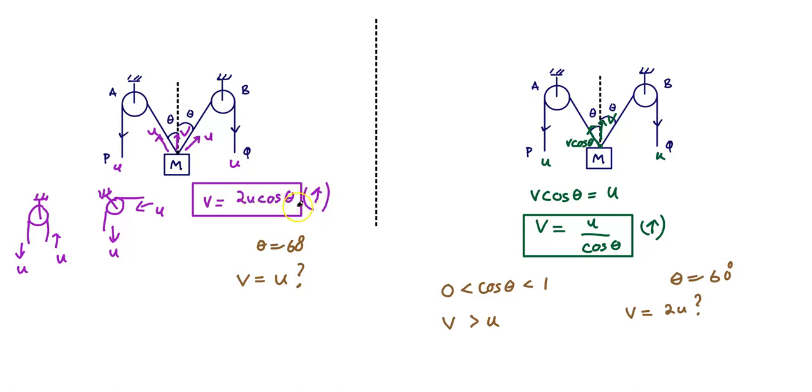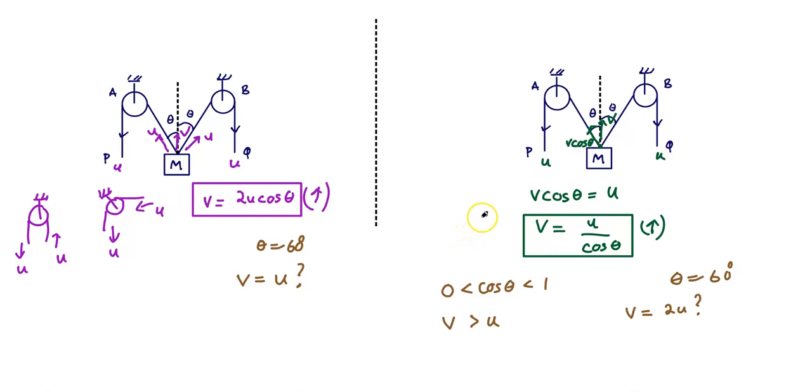If cos theta is less than half. So in general, I feel like intuitively this makes more sense because there are two people pulling on the string. Okay, so you expect this to have a higher speed than the speeds of this point on the string and this point on the string. So intuitively this makes more sense, but we don't have enough proof yet that this is the right answer.